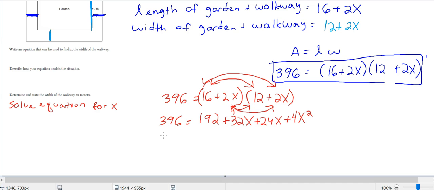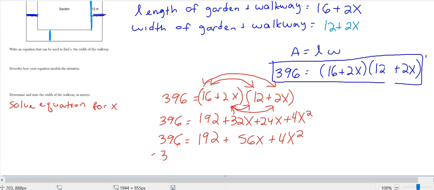And let's combine like terms. So 396 is equal to 192 plus 32x plus 24x is 56x plus 4x squared. Whenever we're solving a quadratic equation, we want to have everything on one side and 0 on the other side.